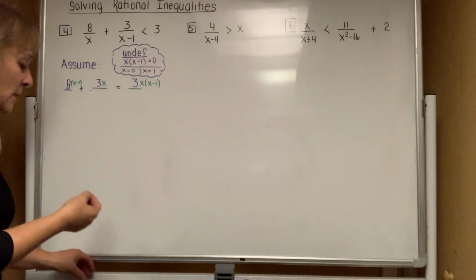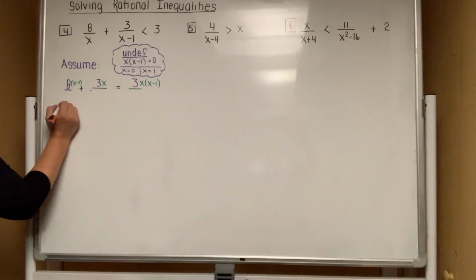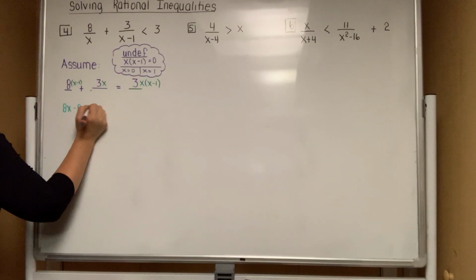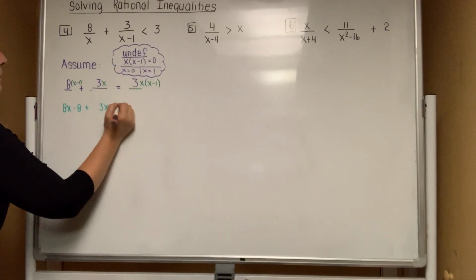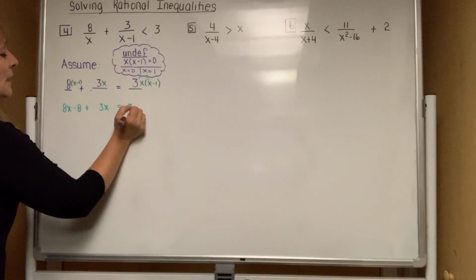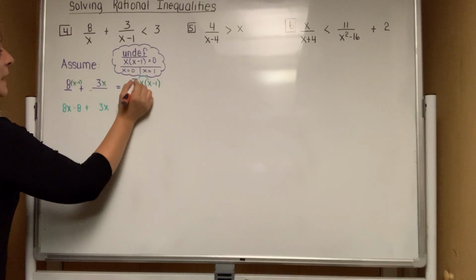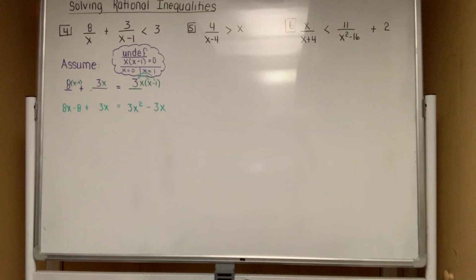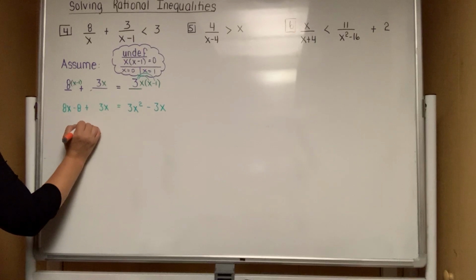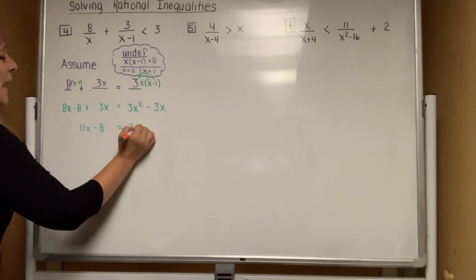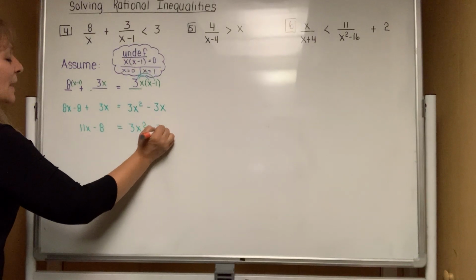So now, going to the problem, I am looking at 8x minus 8 plus, I'm looking at 3x equals, and 3x times x is 3x squared, and 3x times negative 1 is negative 3x. On the left-hand side, there are 2 like terms, which gives me 11x minus 8 equals 3x squared minus 3x.